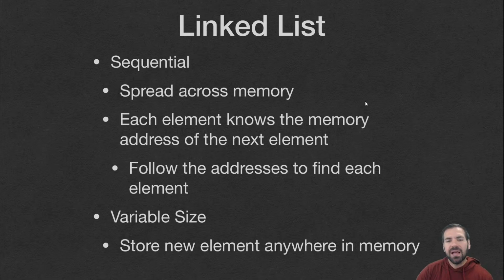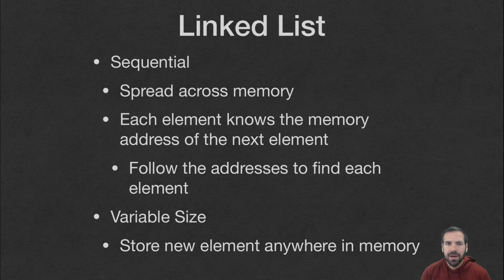So each value in a linked list, which soon I'm going to start calling a node, each node in a linked list knows exactly two things. It knows the value or the element at that node, at that part of the list, and it knows where to find the next node.